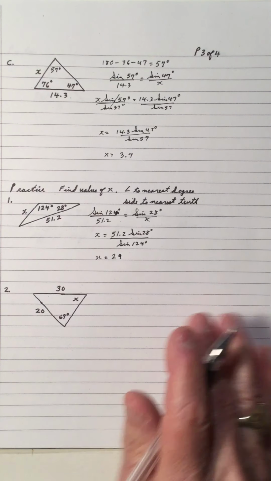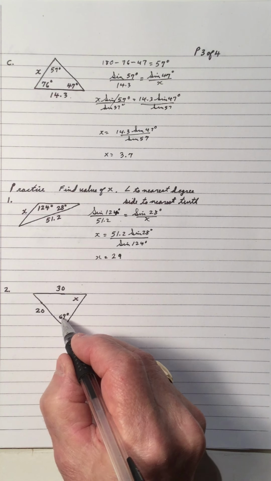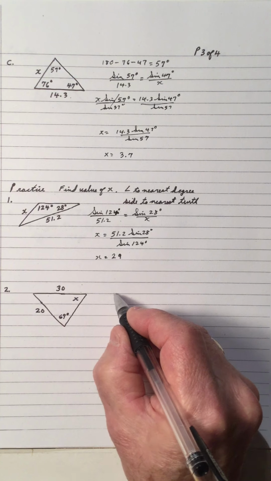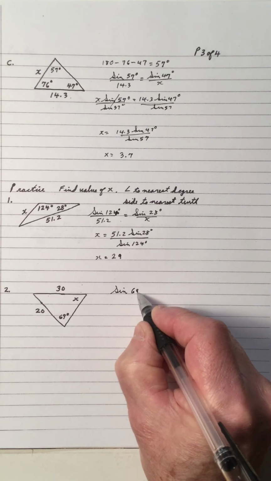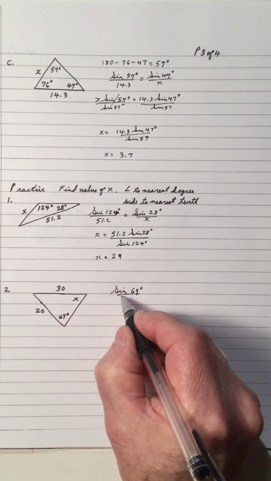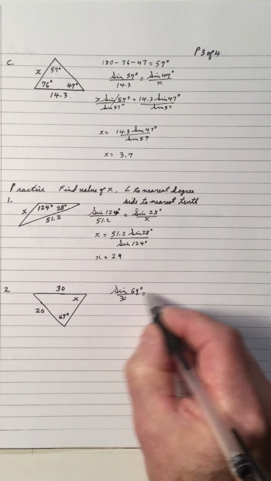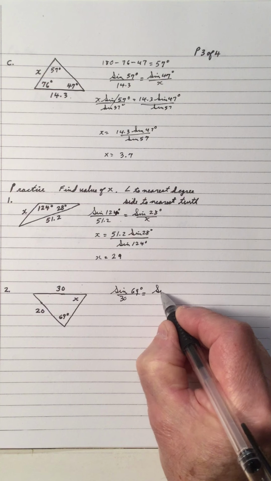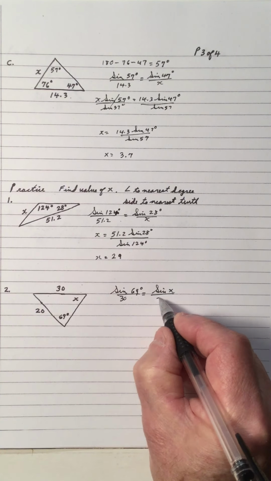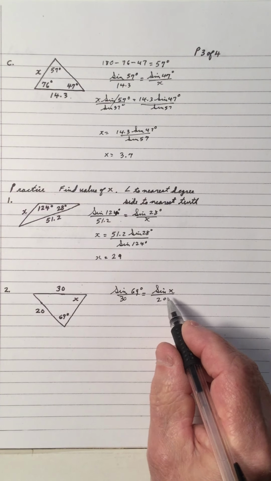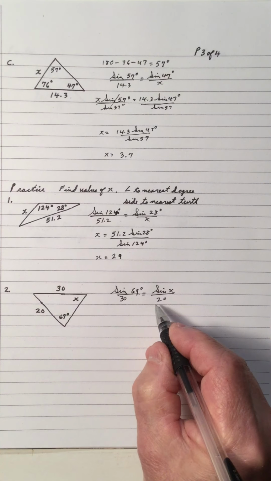Okay, we've got another one to do. Solve this triangle. Do we have an angle? Yes. Do we have a side opposite? So we can use the sine law. So the sine of 69 over 30 is the sine of x over 20. And we cross multiply.